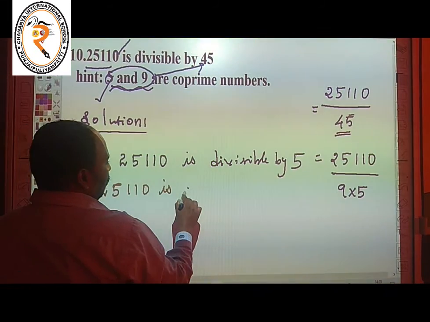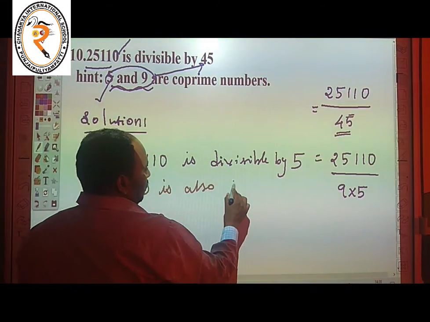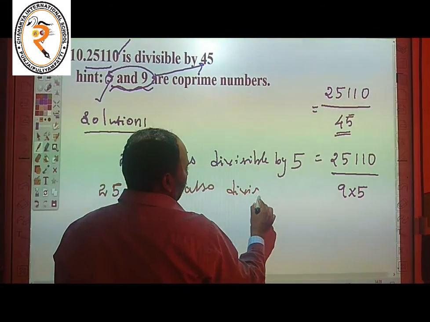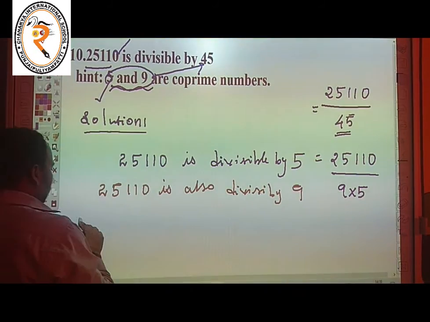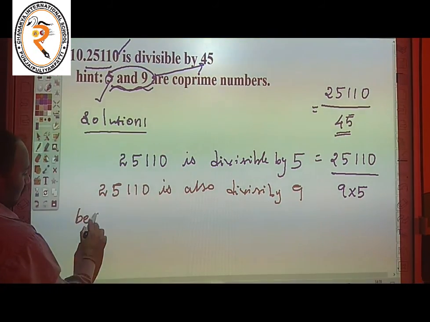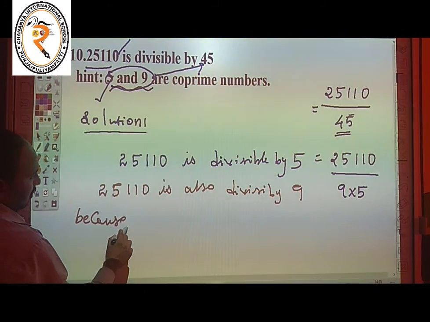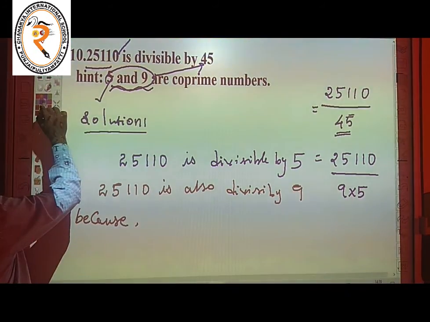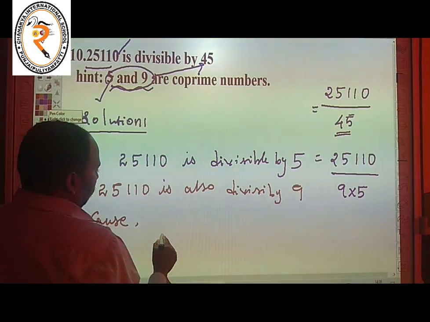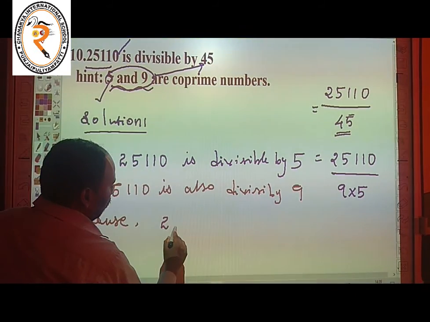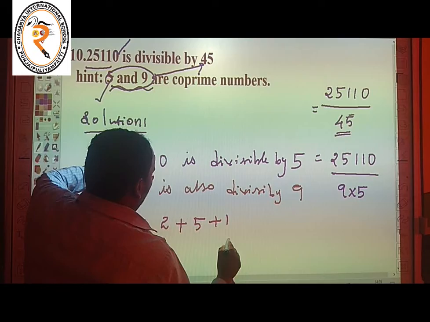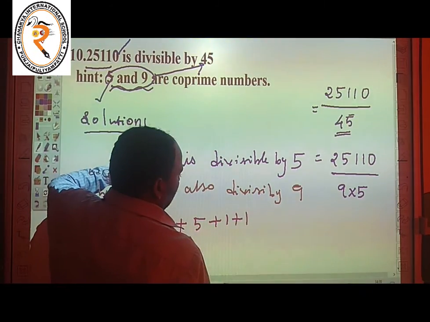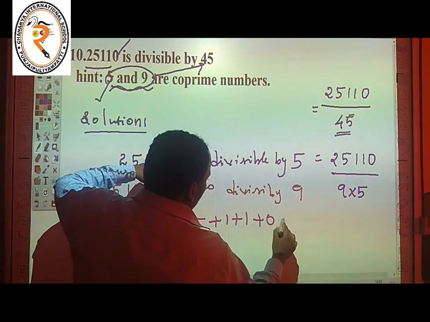25,110 is also divisible by 9 because of our divisibility test. 2 plus 5 plus 1 plus 1 plus 0.